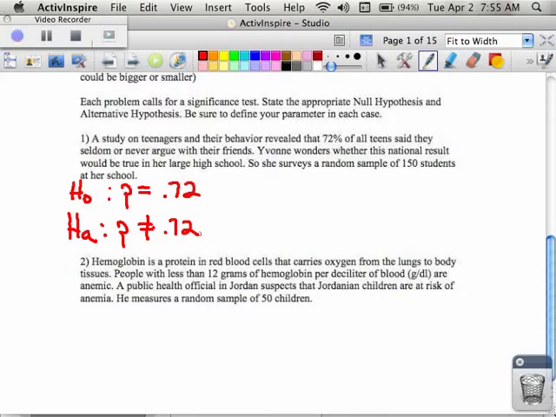So what you see in red are the mathematical statements, and then what we're going to do in blue is define what our P is.